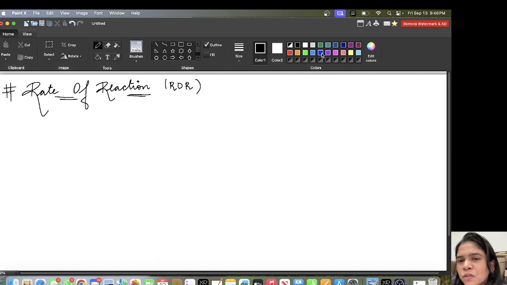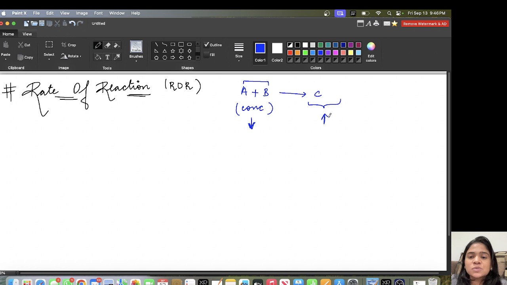See, any kind of reaction is happening, like A plus B is giving you C. What is the major goal? To get the products, right? The reactants are on the left hand side. The reactant concentration will decrease with time and your product concentration will increase with time, right? So, what is rate of reaction?